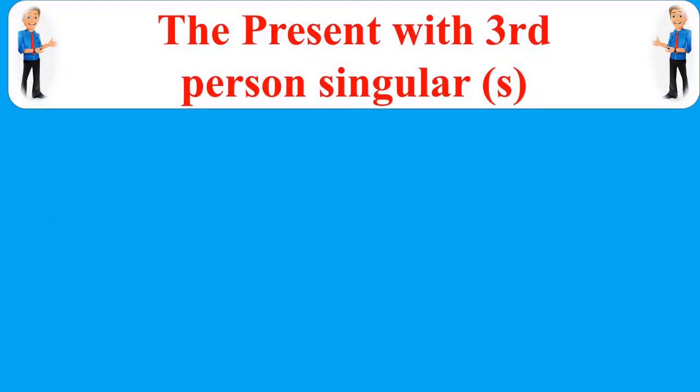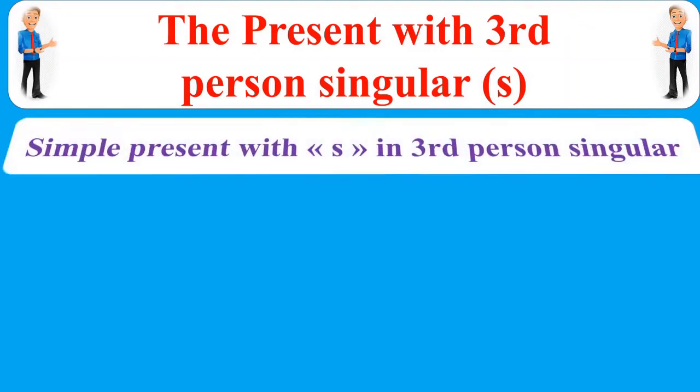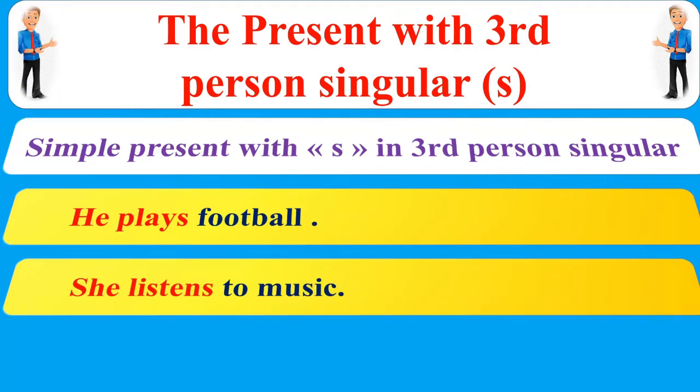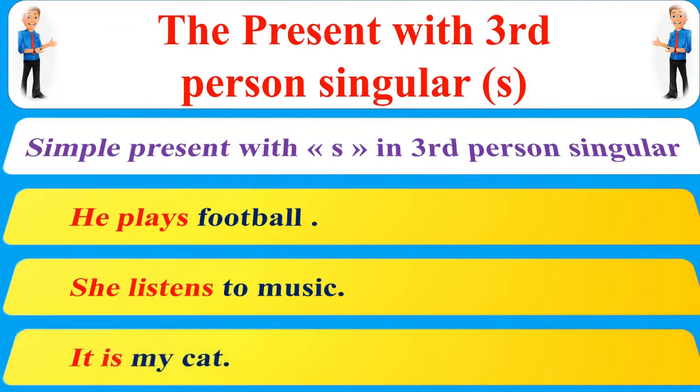And we have the present with third person singular. The present with third person singular meaning simple present with s in third person singular. For example, he plays football. She listens to music. It is my cat.